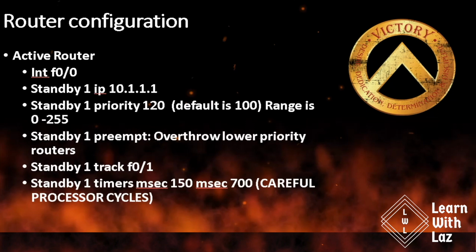Now we said about the WAN. What happens if the WAN, something happens to it? How is it going to know? Well, we track. We go standby 1. You always got to put the standby 1 because that's the group that we're in. And we're going to track the fast Ethernet 1. In this case, that's the WAN side, the other side of the router. And really what that does is it's going to decrement your priority number.